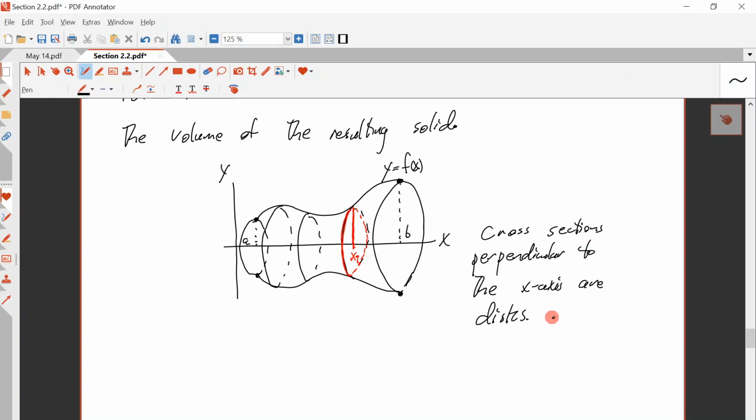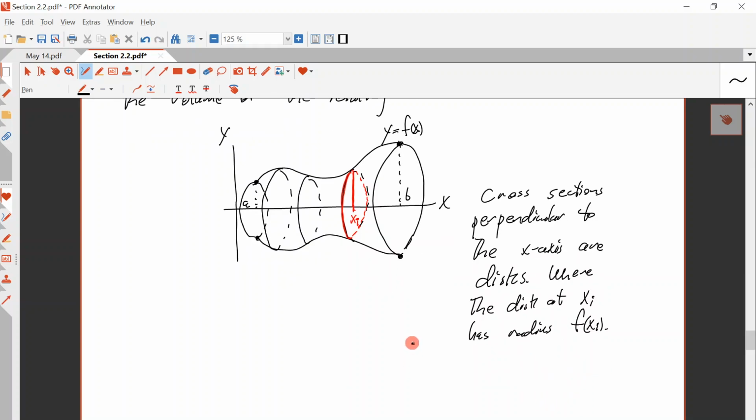So the disk at xi has radius f of xi. So the area at x is pi times the radius squared, pi f of xi quantity squared.